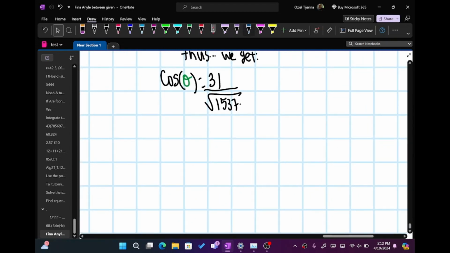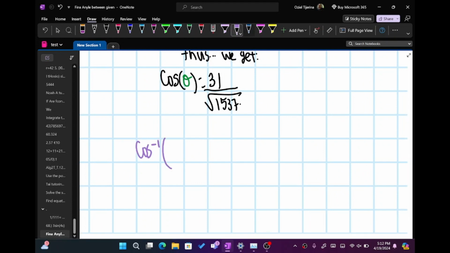Now again, we're just gonna do the cosine inverse of cosine of theta, which is equal to the cosine inverse of 31 over the square root of 1537.